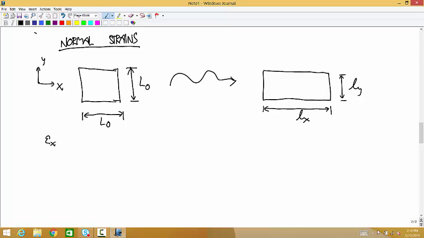Then the normal strain xx is Lx minus L sub 0 divided by L sub 0. Or another way you can think of that is the change in the length along x divided by the initial length.